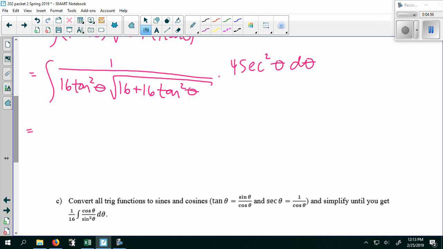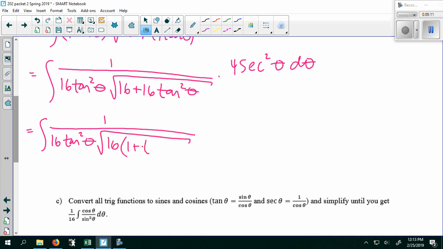So I have the integral of 1 over 16 tangent squared theta times the square root of 16 times 1 plus tangent squared theta times 4 secant squared theta d theta. And then 1 plus tangent squared, there's a trig identity that lets me replace that with secant squared theta.